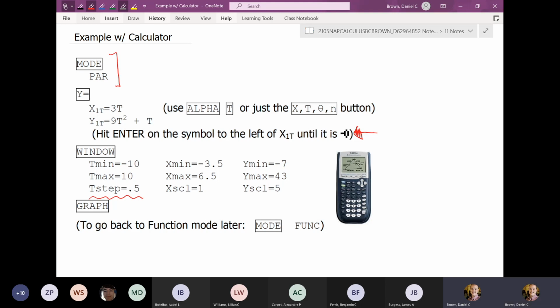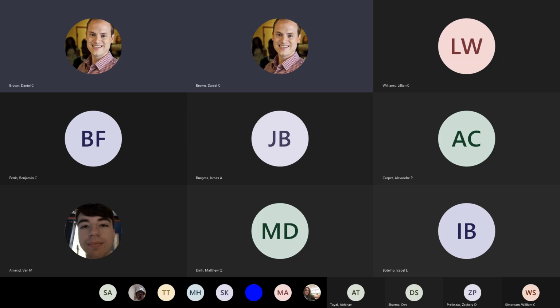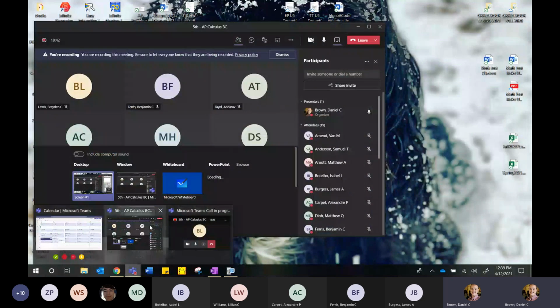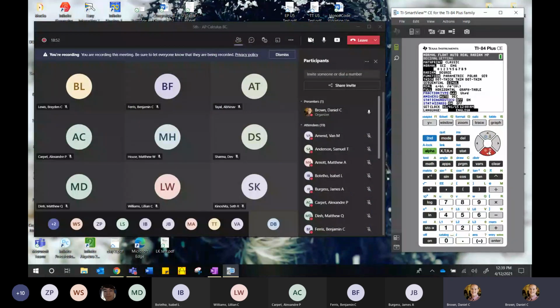So if I'm graphing this one, bear with me one second while I switch screens. I'm going to go into my calculator and change the mode first. That's always the first thing you want to do. So I hit mode, and I'm going to change this into parametric mode.